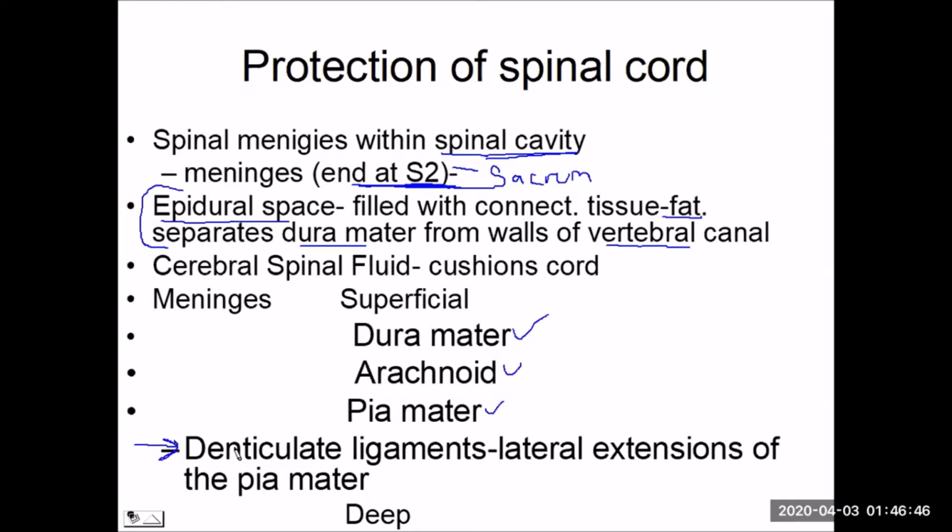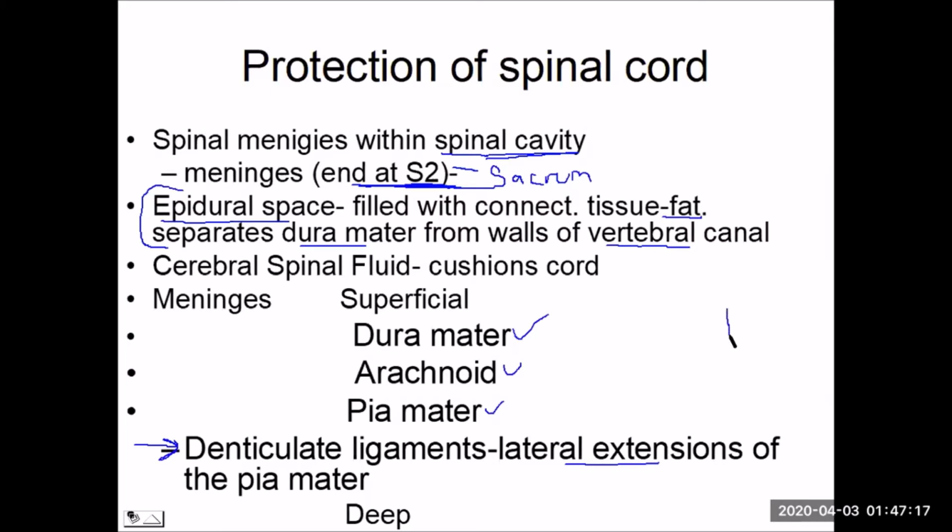These are on each side of the spinal cord, right and left sides, branching out laterally from the pia mater. Ultimately, these extend from the pia mater all the way out towards the dura mater. Extending out laterally on each side, this stabilizes the position of the spinal cord and prevents it from moving side to side laterally within our vertebral canal.